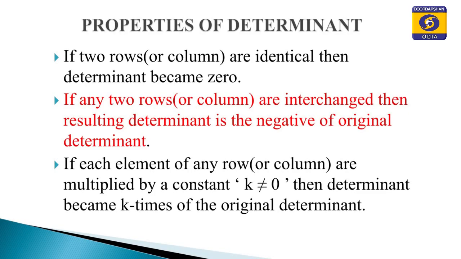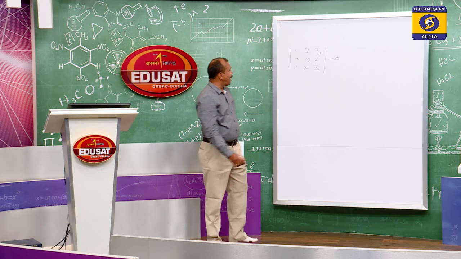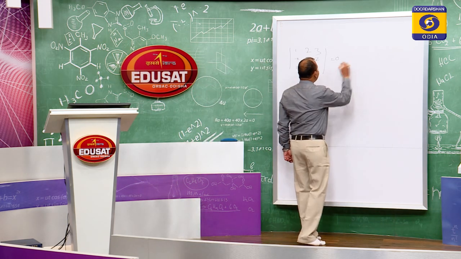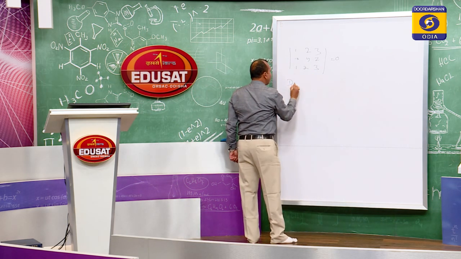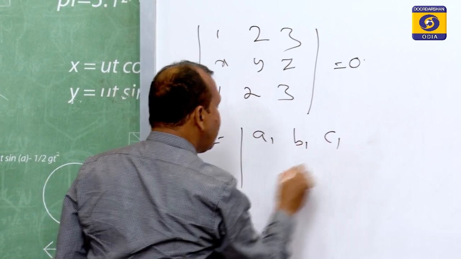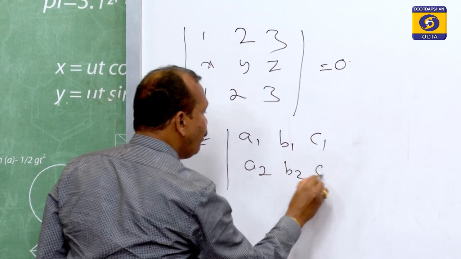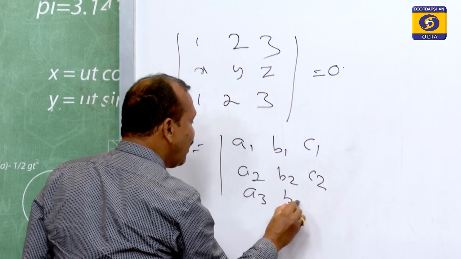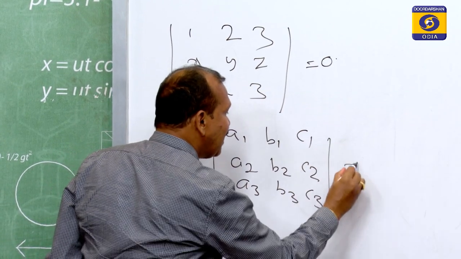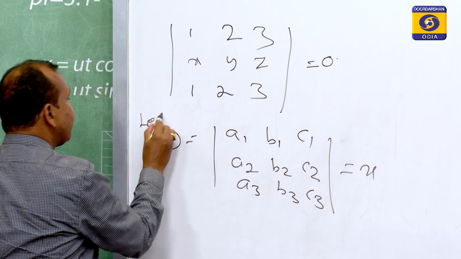Next, if any two rows or columns are interchanged, then the resulting determinant is the negative of the original determinant. I give an example. Suppose D is A1, B1, C1, A2, B2, C2, A3, B3, C3. Let the determinant value be x.